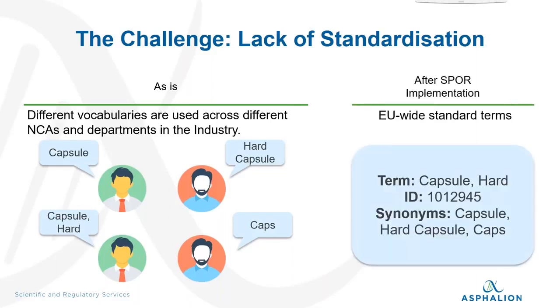So within SPOR, there will be one term which is capsule comma hard with a unique ID, and then there are synonyms assigned to this. So even though different departments, different companies have different wording for a certain term, you would have uniquely identified it with a certain code, which allows better data quality.